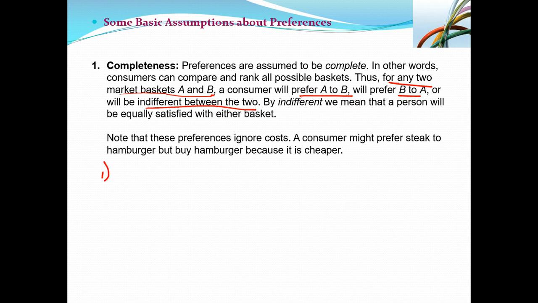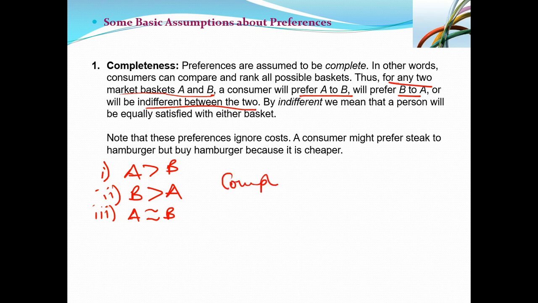Either A is preferred to B, or B is preferred to A, or the consumer is indifferent between these two bundles. Then it means that preferences are complete.